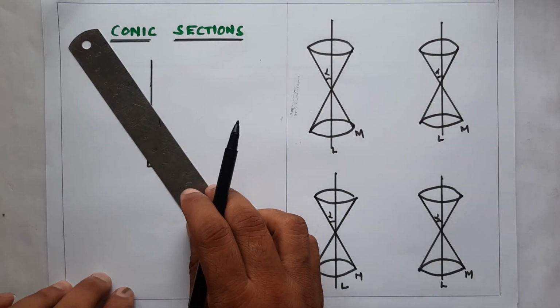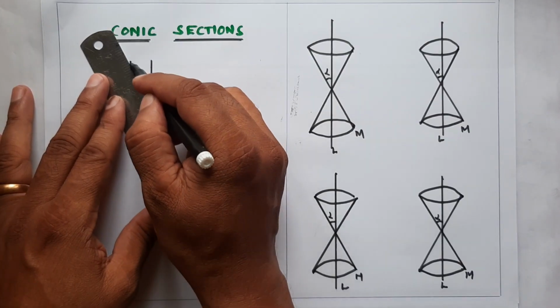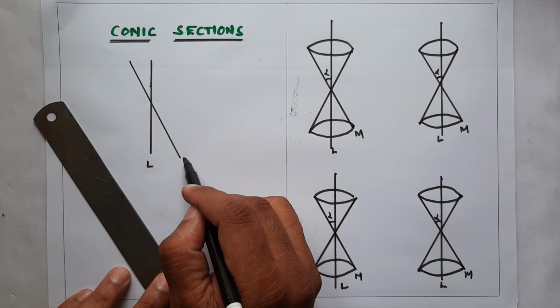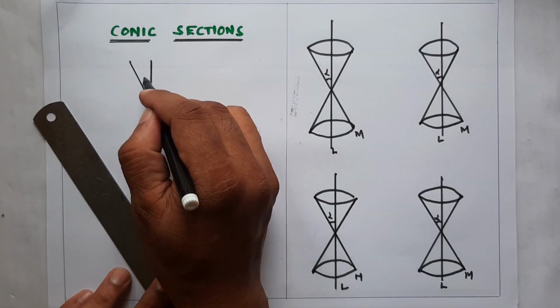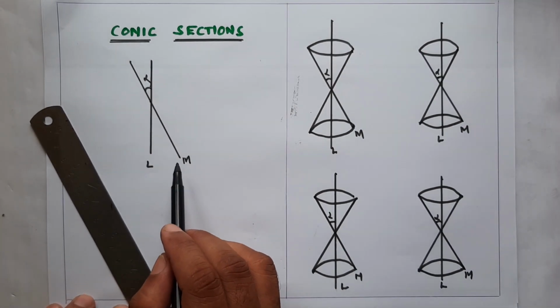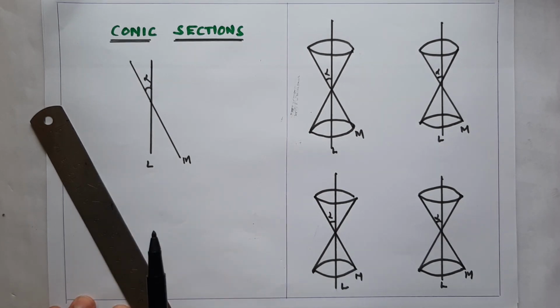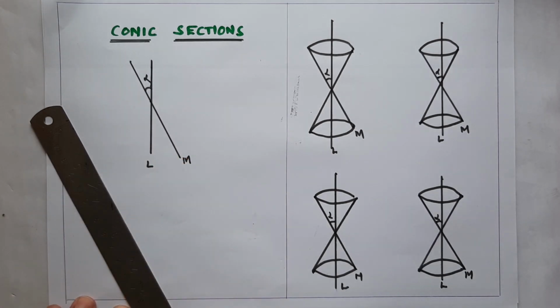Now we intersect another line on L. That line is M. It makes an angle alpha with L. Then we rotate this line M around L. At that time, we form a cone.